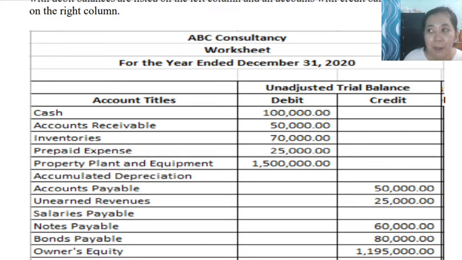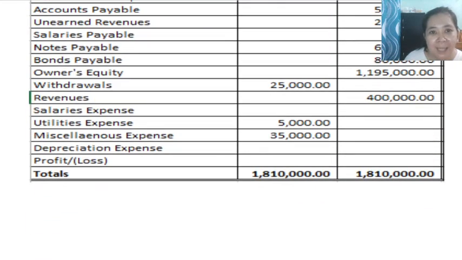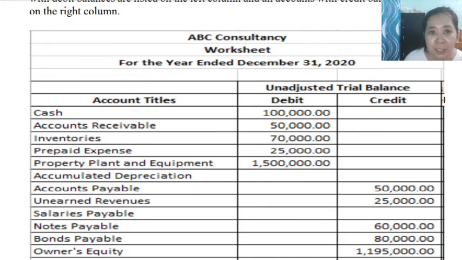For the 10 columns, these are the first two columns. So that's how simple our worksheet or unadjusted trial balance is to make. Again, account titles and amounts are taken from our ledger accounts or T accounts.